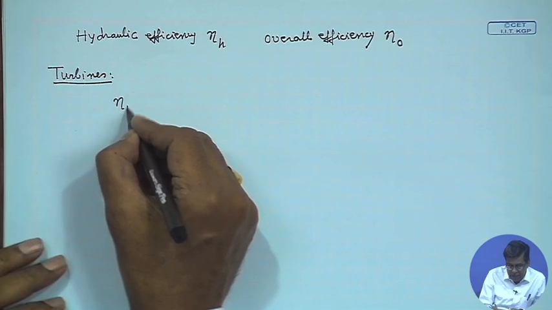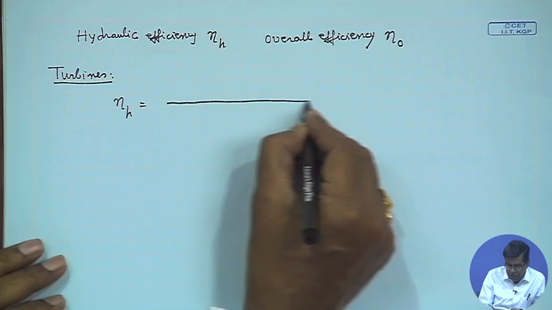Hydraulic efficiency is defined as the output energy of the turbine. What is this?